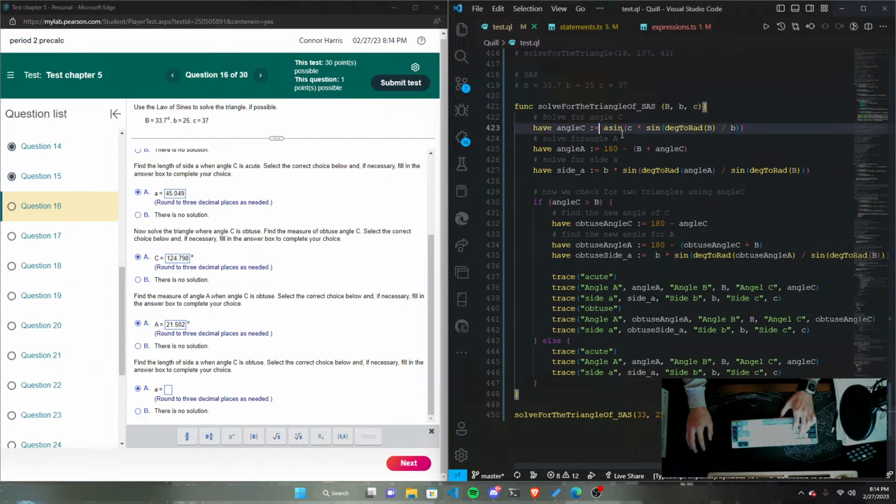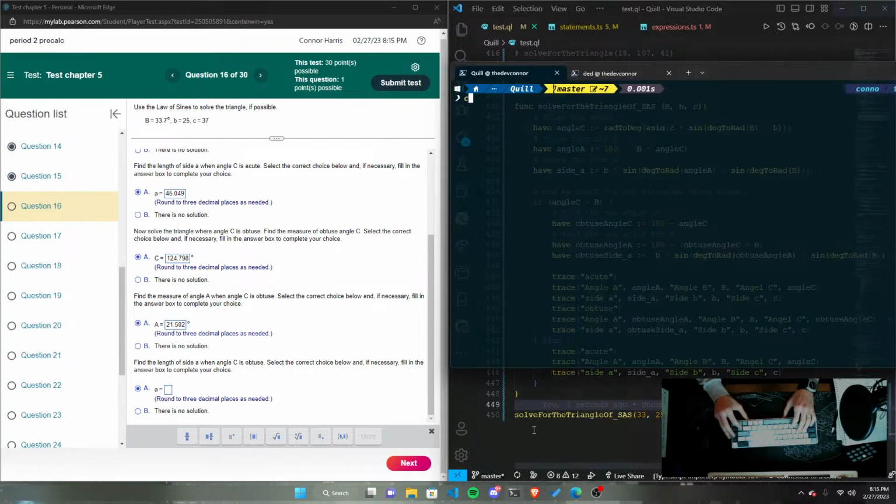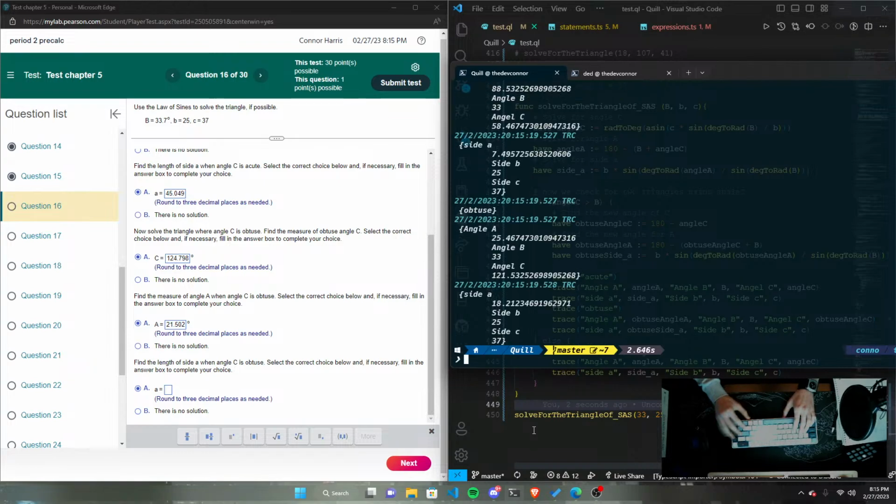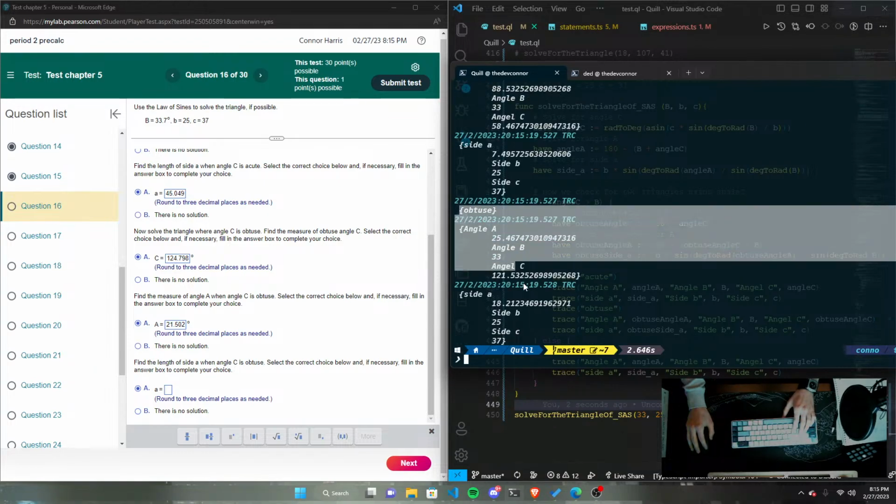Oh, we're not converting this to degrees. So we need to say the rad to degree of the inverse. Yeah. Boom. Alright, that should be all for that. So this should, I think, have 2 triangles. Just eyeballing those values. Yeah, so this definitely does have 2 triangles here.